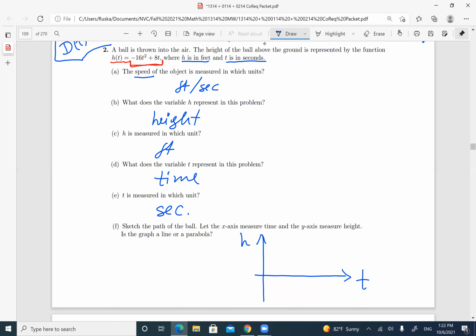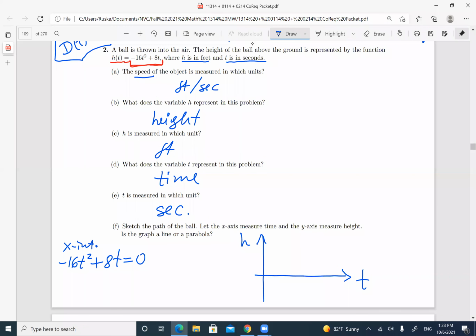Can you find the x-intercept and the y-intercept for this function? How do you find the x-intercepts? You solve the function equals 0, right? So you have to solve negative 16t squared plus 8t equals 0. How do you solve this? You can factor out t, since both terms have t.